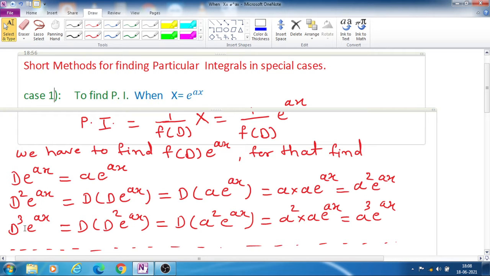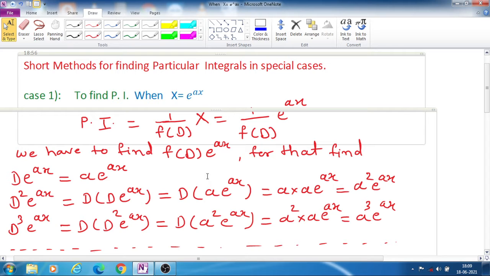So to find the value of 1 upon FD e raised to ax, we have to first operate FD on e raised to ax.